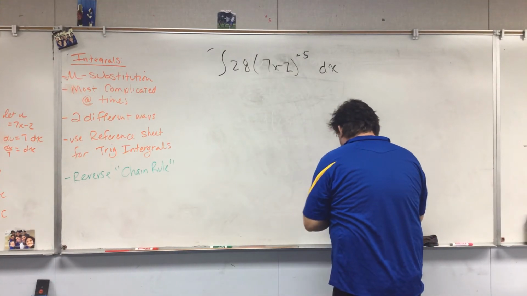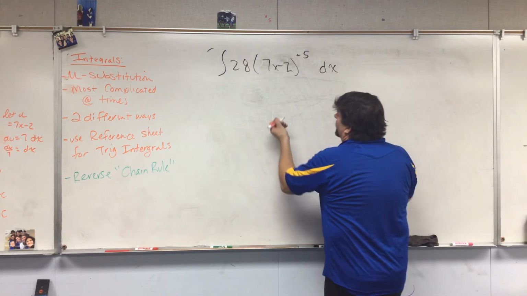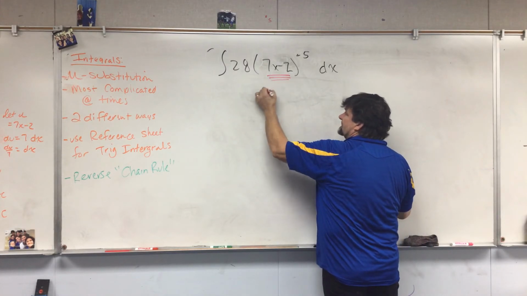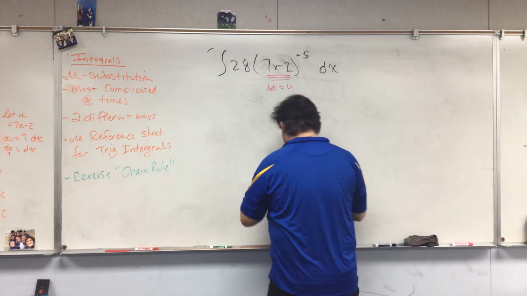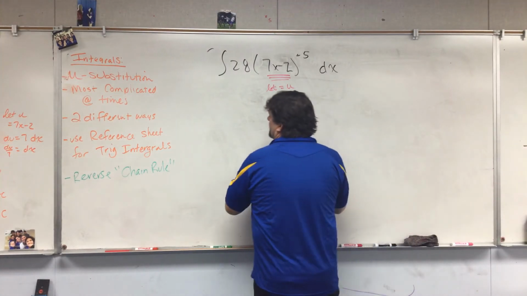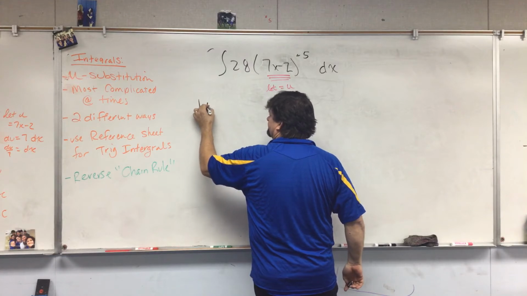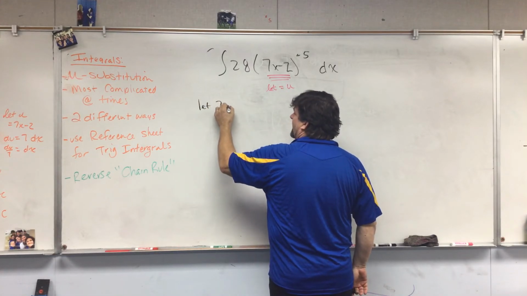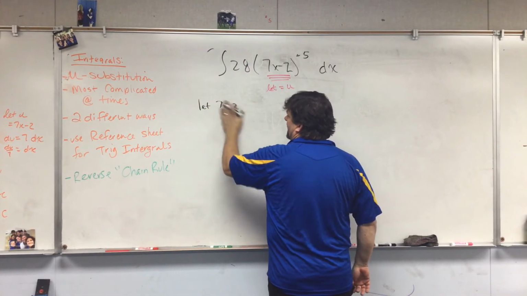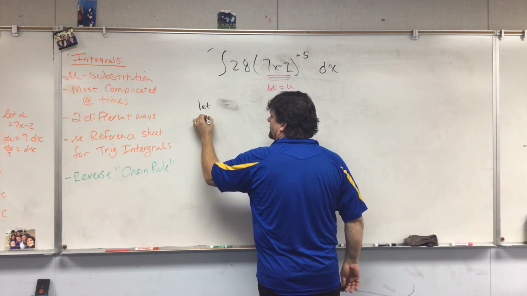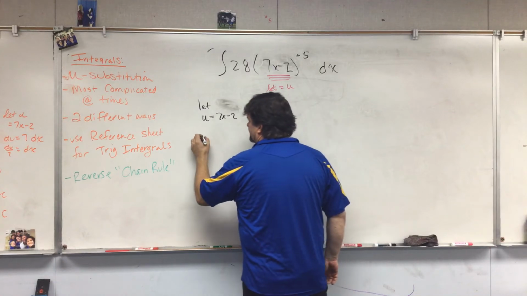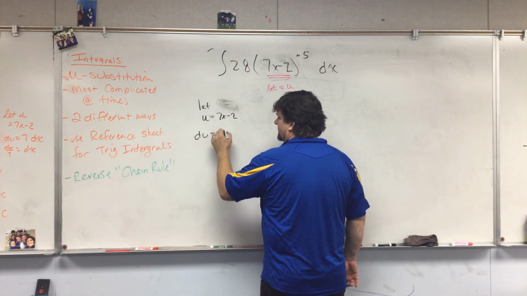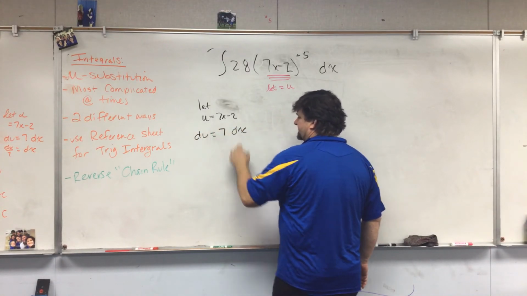We're going to look at it this way. Let u equal 7x minus 2. That means du equals 7 dx.